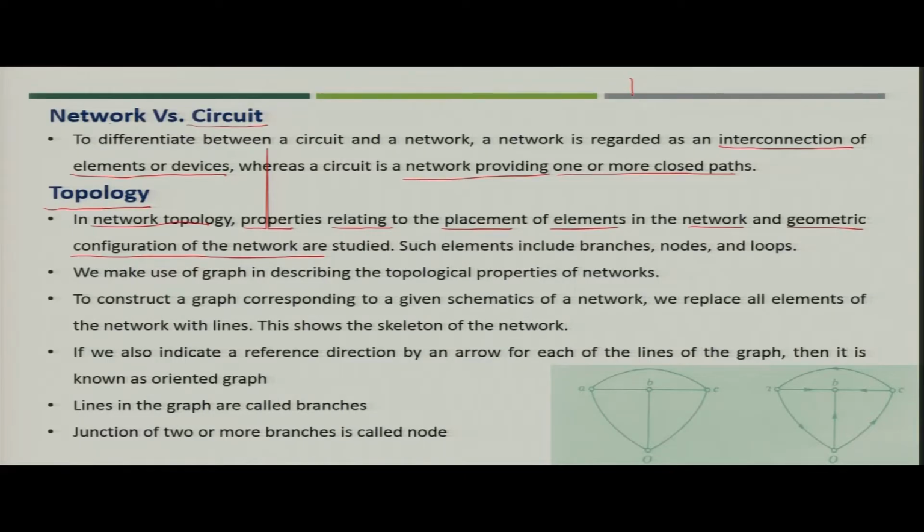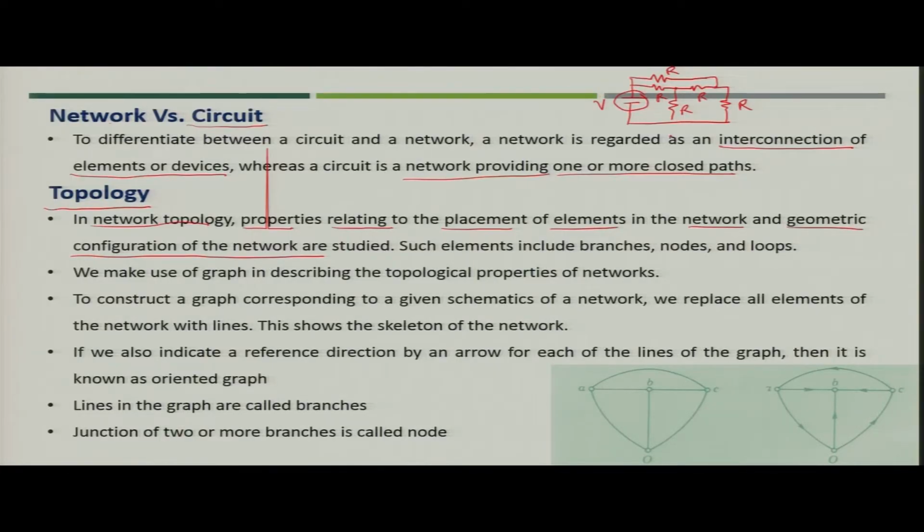Generally when you see a particular network, like if you represent here, there is a resistor. If you take the circuit like this, suppose all are of equal resistance R and this is voltage V.